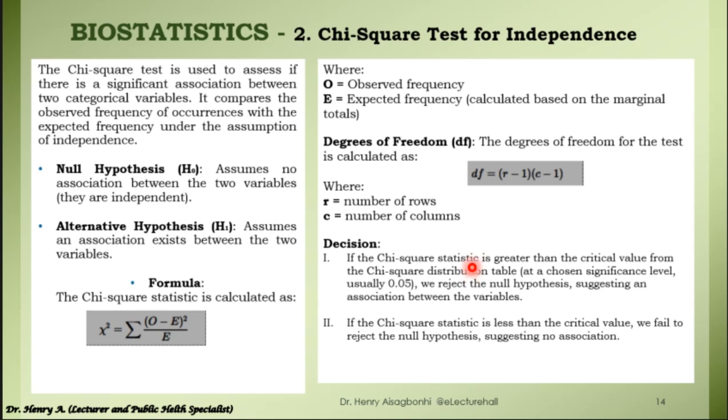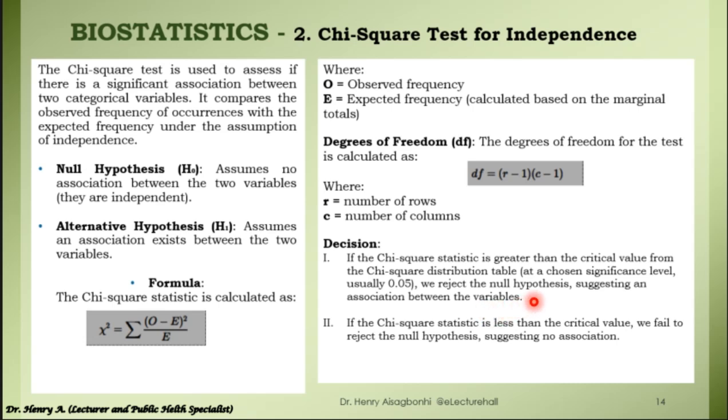Very simple. When the value obtained is greater than or equal to 0.05, you reject the null hypothesis, which suggests that there is an association between the variables, which is then the alternative.